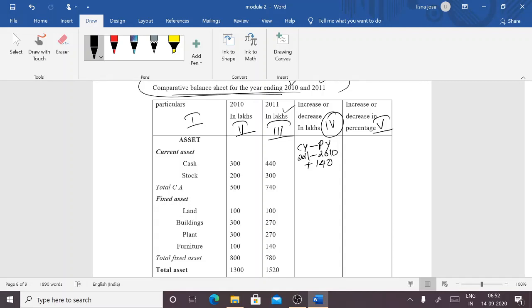Then how can we express this as a percentage? Whatever increase happened compared to the previous year, that is how we calculate the percentage.